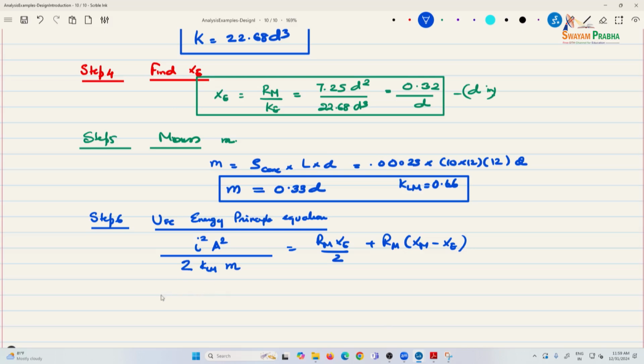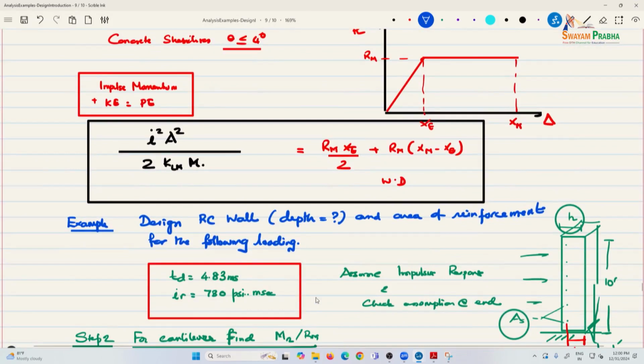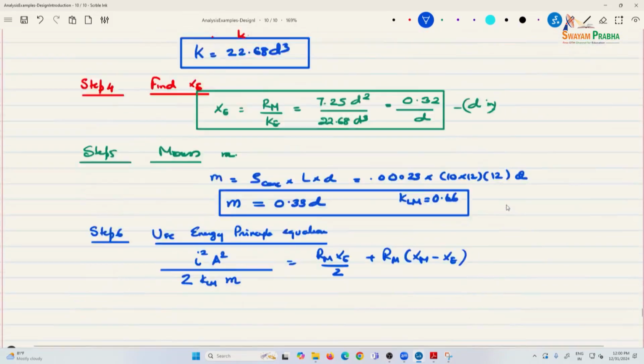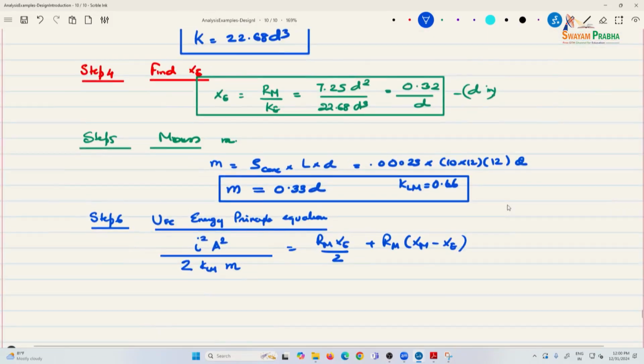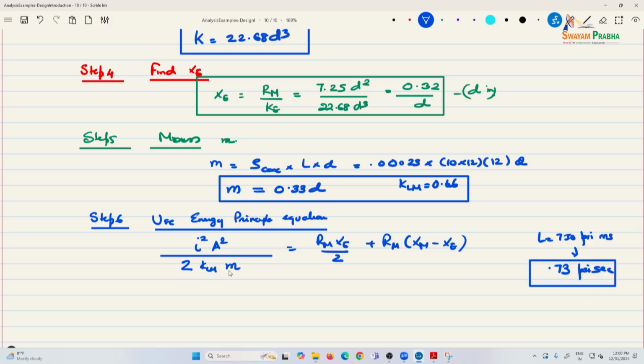So, this comes to, I think I had given I as 780 or was it 730. So, this is 730. So, I is 730 psi milliseconds, but you need to take in terms of seconds, and use that here.